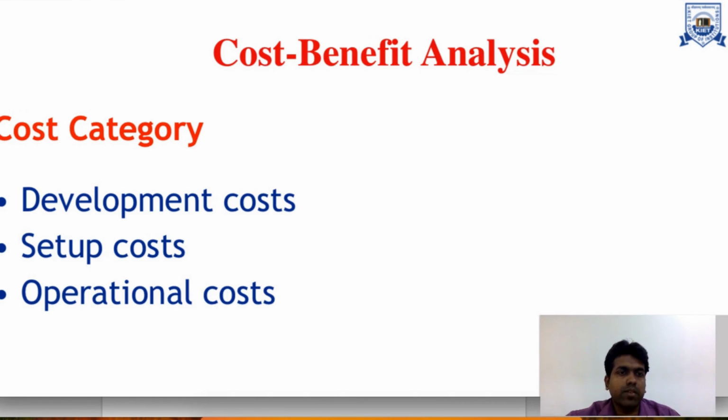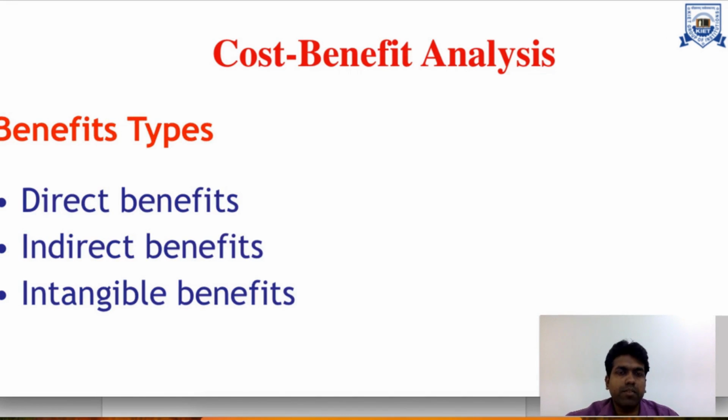There will be development cost, then setup cost, that will basically be the infrastructure and all hardware, and then operational cost will be there. Whereas in case of benefit, the benefit types may be different. You can get benefit direct as well as indirect, as well as in some cases intangible benefits will be there.